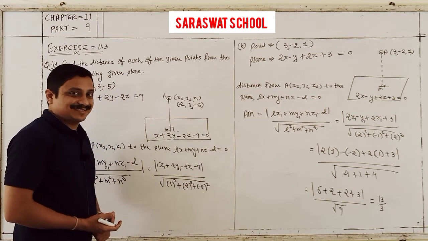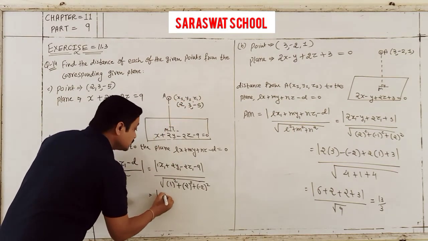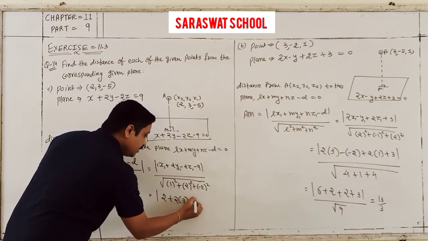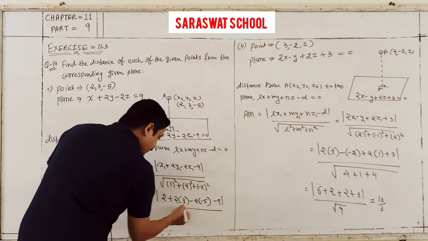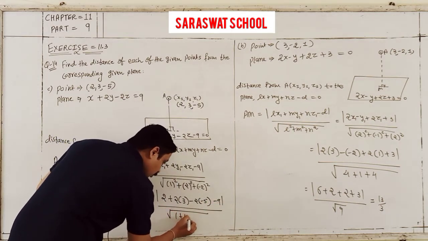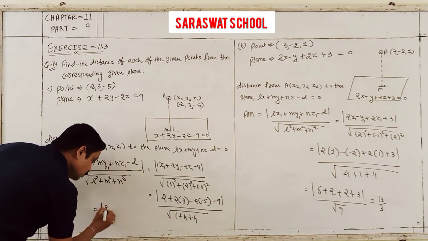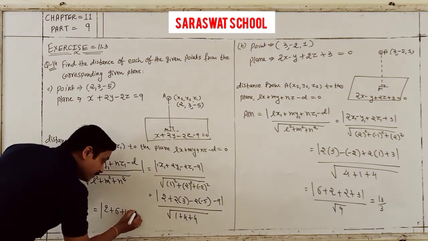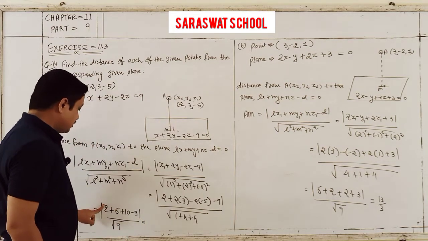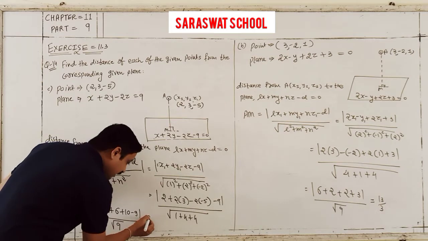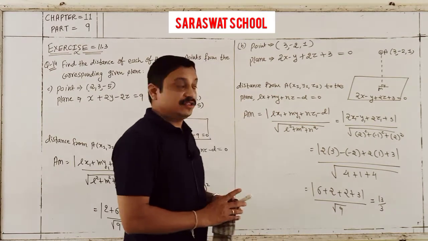Here x1 is 2, y1 is 3, z1 is minus 5, minus 9 by root of 1 plus 4 plus 4, and calculate the answer. So here the answer is 2 plus 6 plus 10 minus 9 by root 9. In short, you get 9 by 3, which is only and only 3.